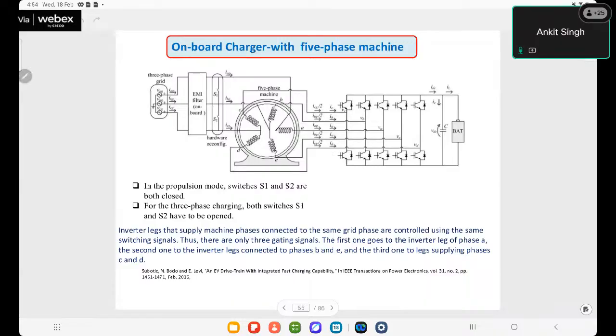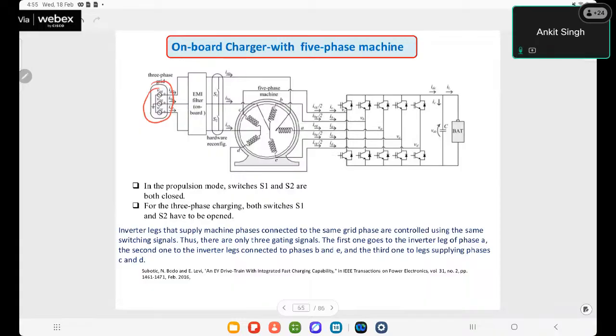When a multi-phase machine is used in charging, it is used with a three-phase or single-phase grid, not multi-phase charging. I said it wrong. So here we have a three-phase grid, and you connect a five-phase machine through the arrangement.